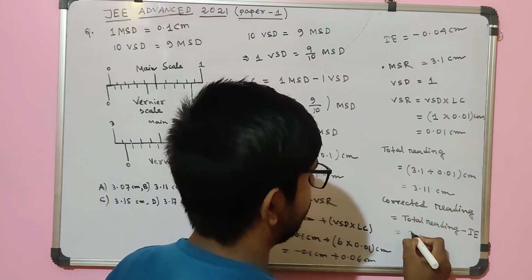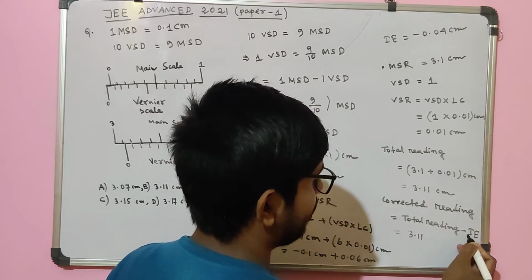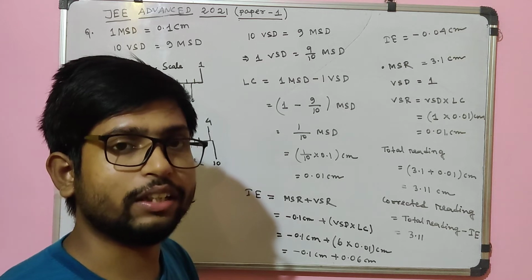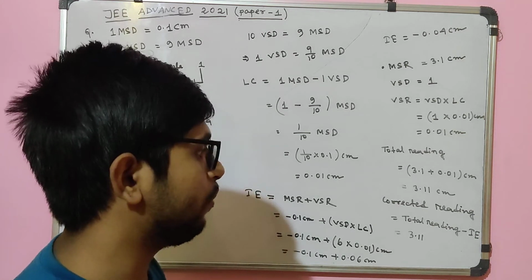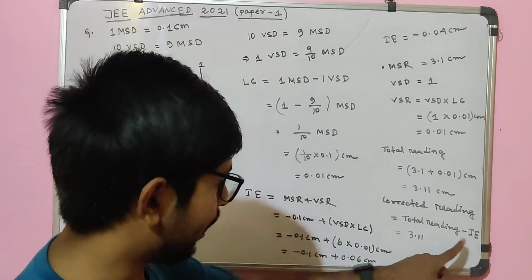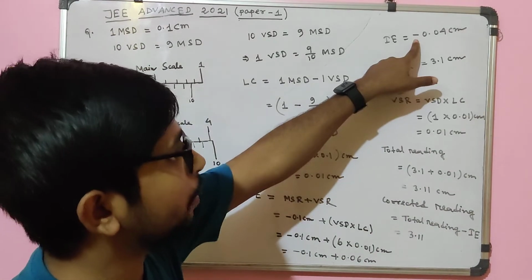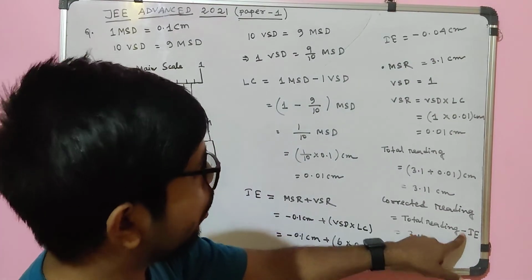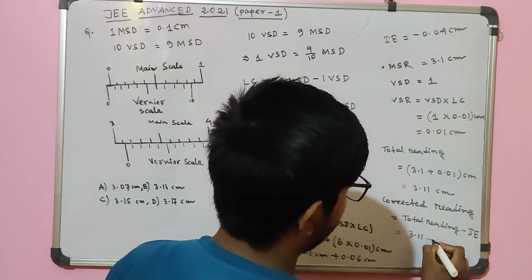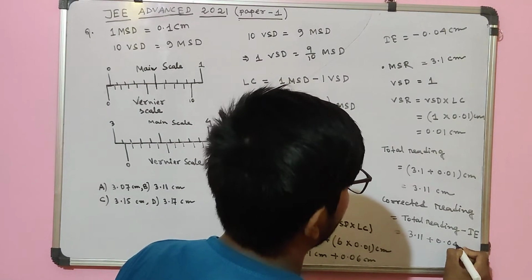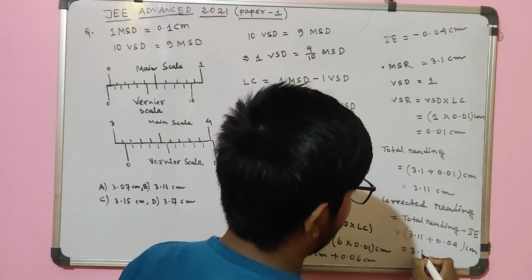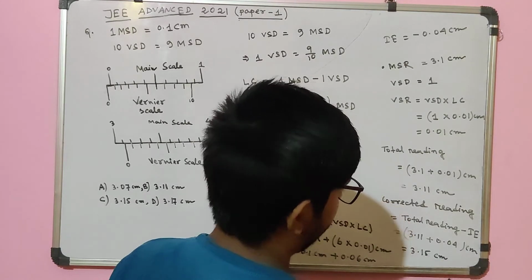So total reading is 3.11, and since it is a negative error, as I told earlier, it will be added to the total reading, because this initial error is itself a negative value, and here is a negative sign. So minus minus will be plus, right? And it will be 0.04 centimeter. So it will be 3.15 centimeter.